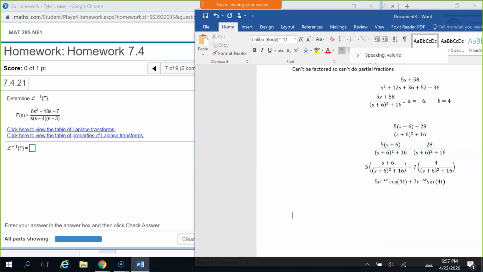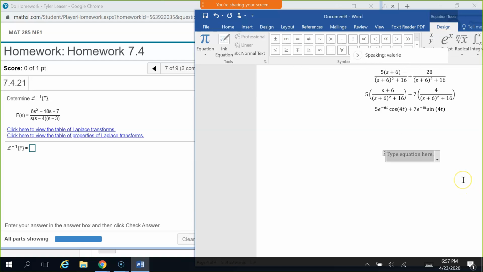So like on this example here, you'd want to break this up to be a constant over the first term, plus a constant over the second one, plus a constant over the third one. Right, like that. Set that equal to this, and then figure out the 3 constants. Oh my gosh, it all comes back. I remember doing that.